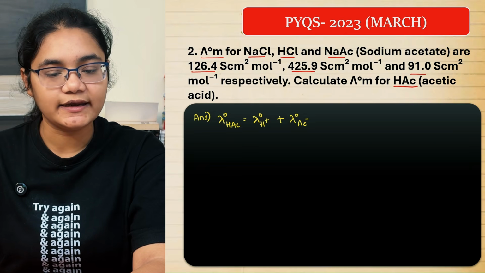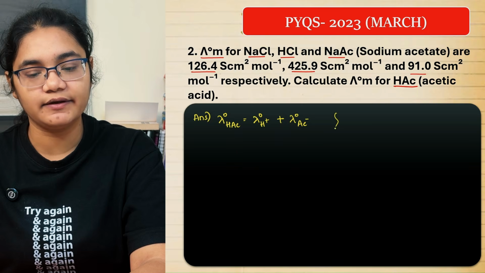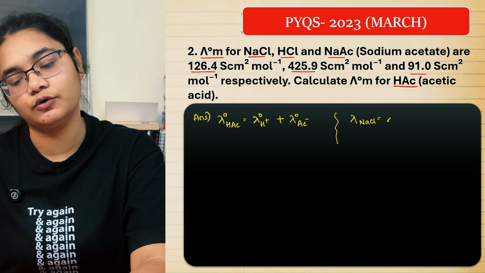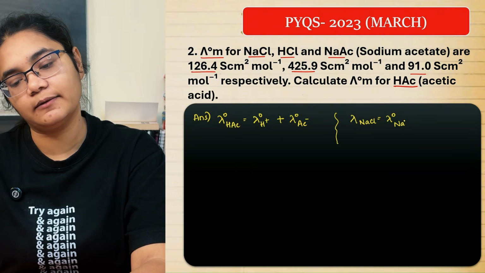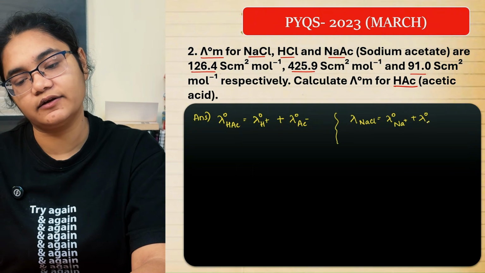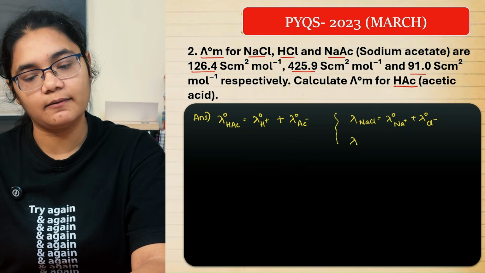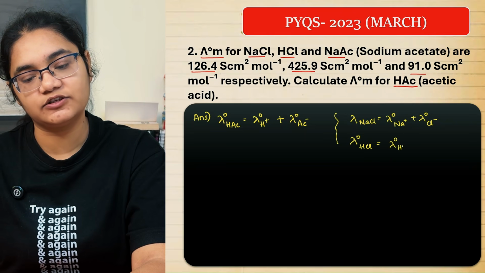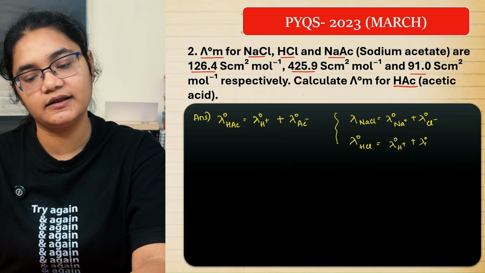Now I need this H+, and what are the values given to me? I have been given the molar conductivity of NaCl, which is equal to the molar conductivity of Na+ and Cl minus. Then we have been given the molar conductivity of HCl, which is again equal to H+ and Cl minus.